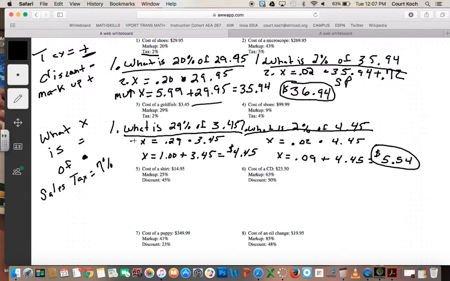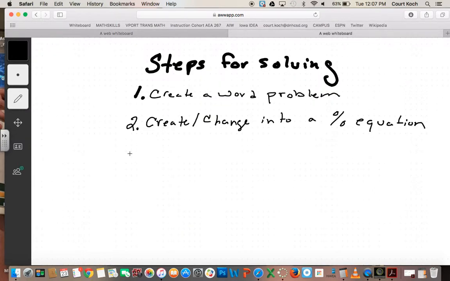Here it is again. And again, I'm using this. What is X means equals, of means times, to change my word problem into a percent equation. After I've done that, I solve. Here you can use the calculator.